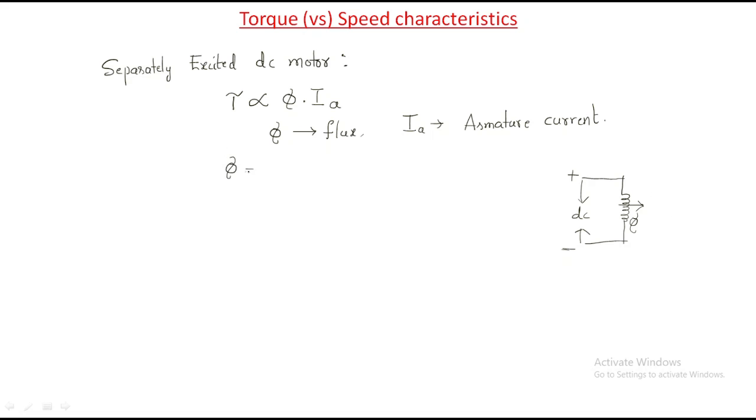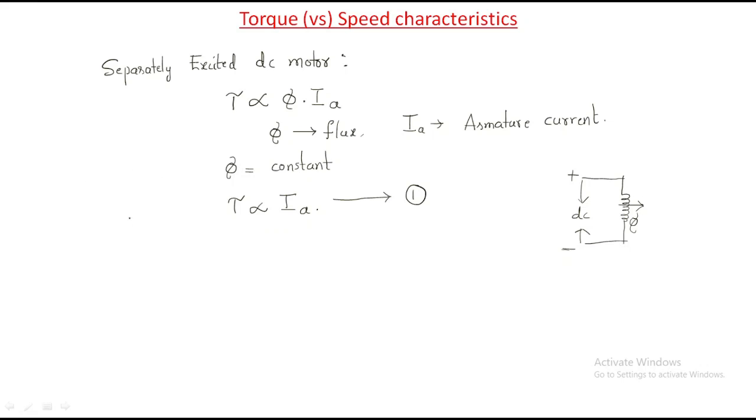So for a separately excited DC motor, torque is proportional to armature current. This is the first equation. The reason is simple: we give a separate DC supply for the excitation of the flux.